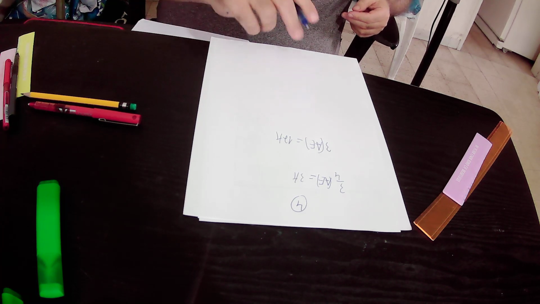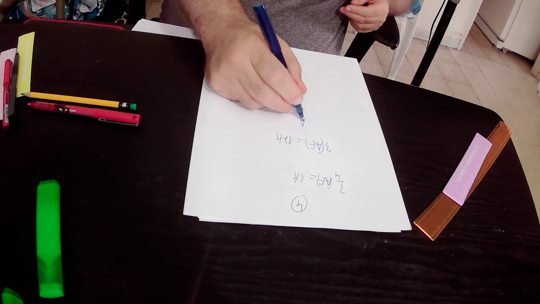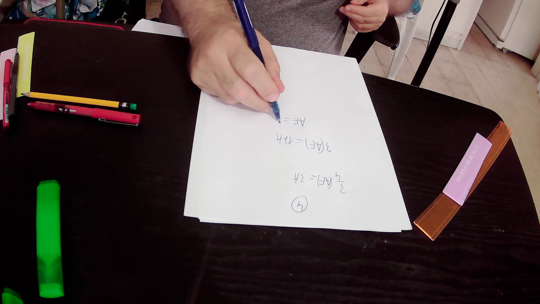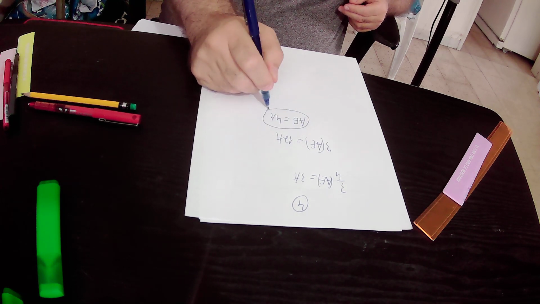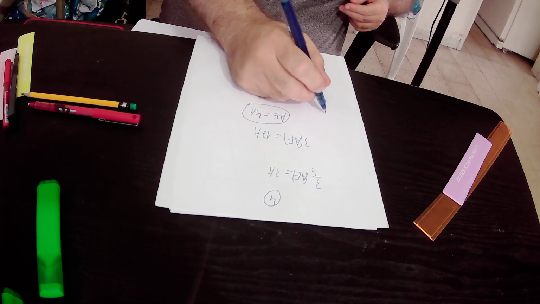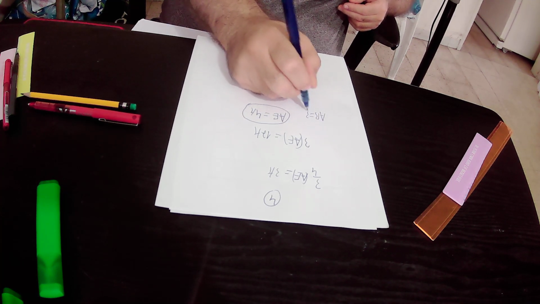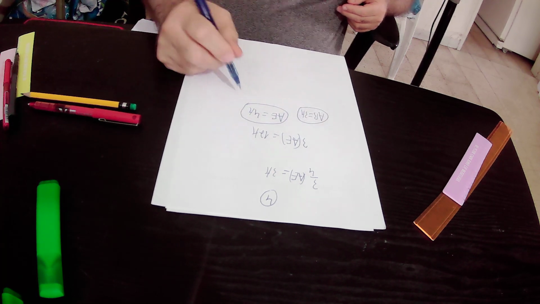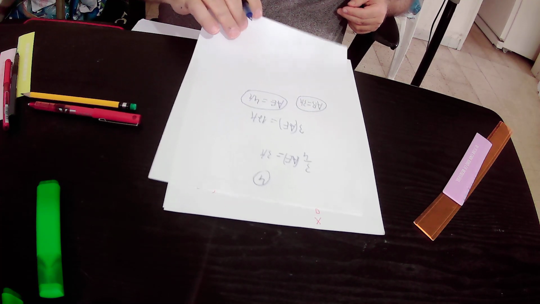Here we will divide this equality by 3, and we get that AE equals 12 over 3, which is 4, so AE equals 4K. So we found out that if AB equals 3K, then AE must equal 4K.